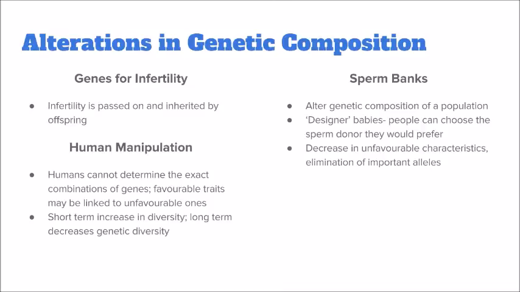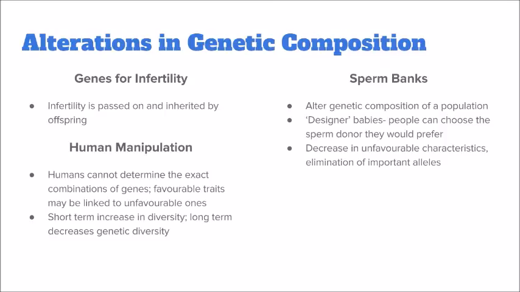So if we look at when we selectively breed and we pick favourable traits that we want our offspring to have, sometimes these favourable traits are linked with some unfavourable ones, so therefore they are also inherited. There's a short-term increase in diversity due to this genetic manipulation, but then over long periods of time, there's a decrease as that gene frequency is the majority of the population.